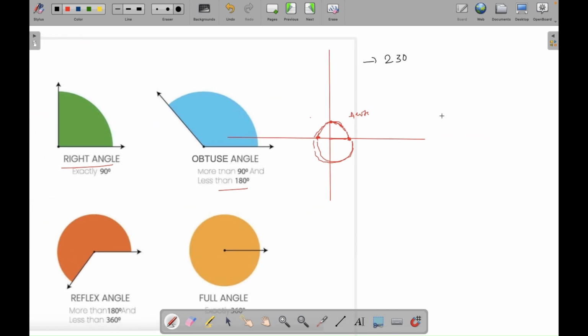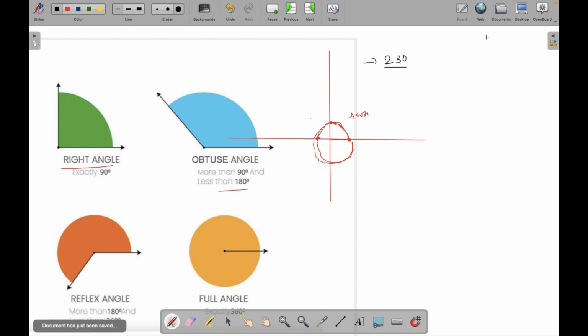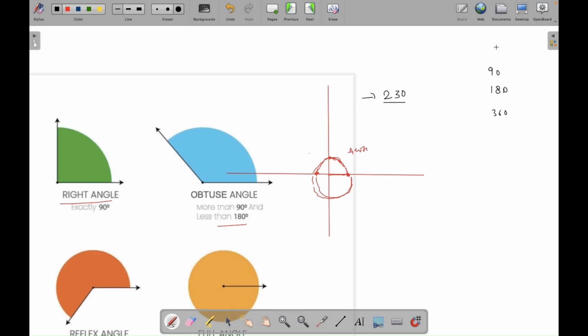Whenever you get questions like this, you have to classify angles. First of all, look at the angle. You have specific cutoffs: the first cutoff is 90, the second is 180, the third is 360. First check, does it lie between 0 and 90?